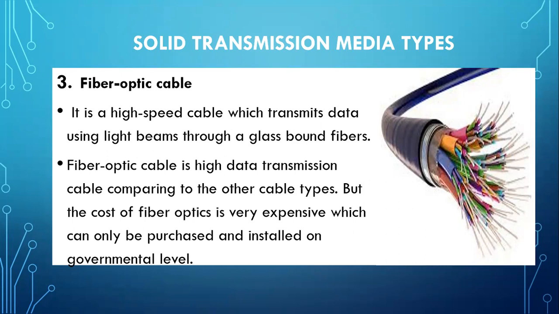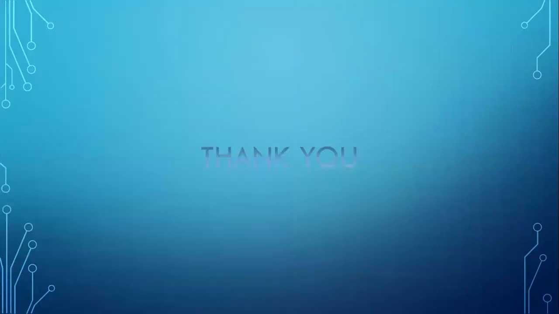This is the highest data transmission cable compared to the others, but it is also the most expensive one. The cost of fiber optics is very high, so it can only be purchased and installed at various governmental levels. So we've discussed these three cables that are used for the transmission of the network.